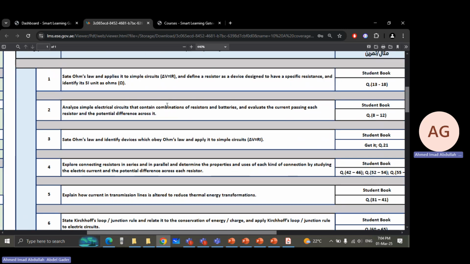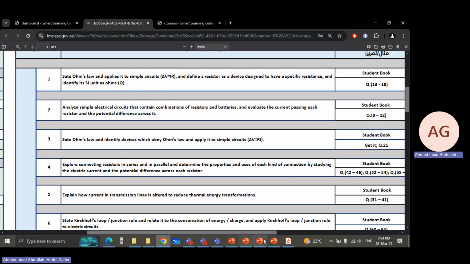Okay, let's start with question number 1. Question number 1 states, state Ohm's law and apply to simple circuits, Ohm's law being delta V equals current times resistance, and define a resistor as a device designed to have a specific resistance and identify its SI units as ohms.